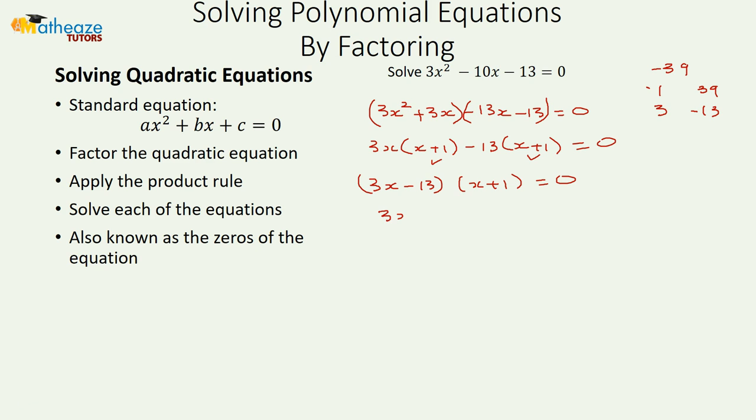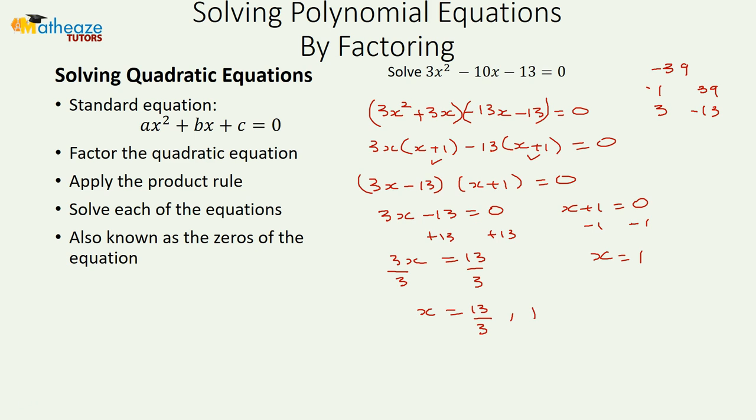So product rule, 3x minus 13 equal to 0, x plus 1 equal to 0. Subtract 1, and add 13 on both sides. So 3x equal to 13. So divide by 3 to get the value of x, and x equal to negative 1. So x is 13 over 3 and negative 1.